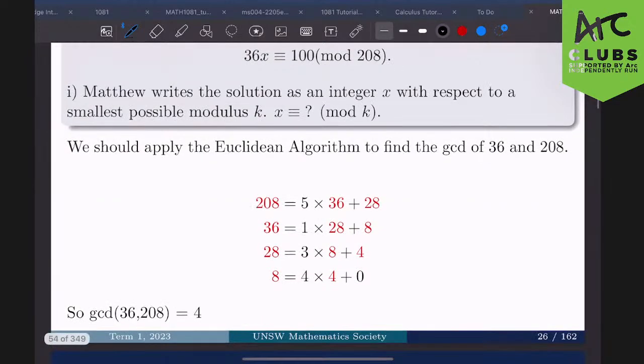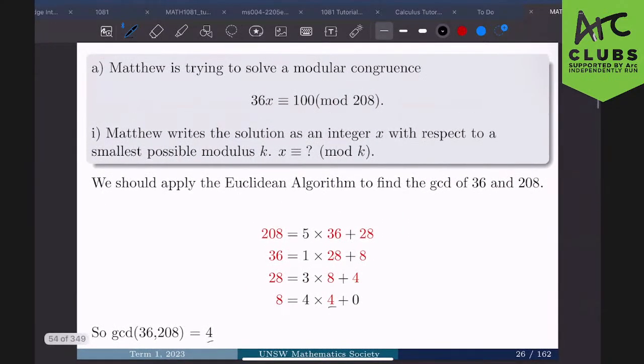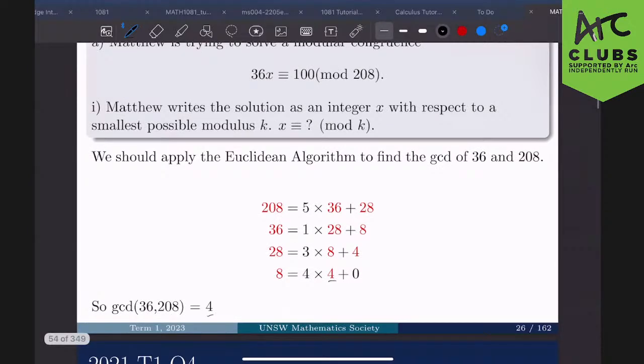You can see that our last term here will be equal to the GCD. Hopefully you can see how we've worked through this.